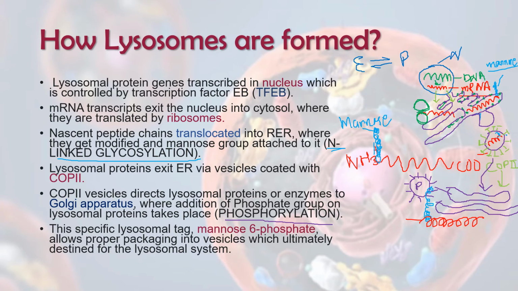So now we have mannose 6-phosphate protein. This complete complex is known as mannose 6-phosphate. Okay. So inside the lumen of the Golgi apparatus, a phosphate group is added to the carbon 6 of mannose.